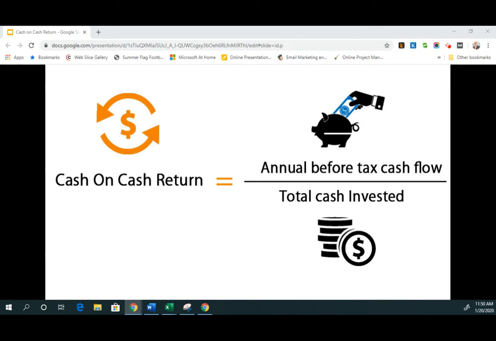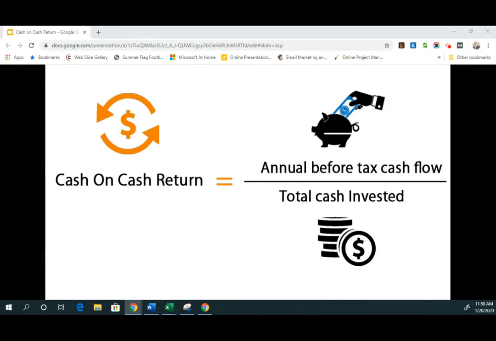Now, when you use a cash on cash tactic, it should not be the only decision-making vehicle. There are other parameters that you have to consider, because it only gives you a snapshot of the first year.